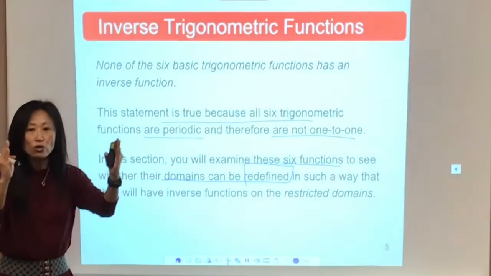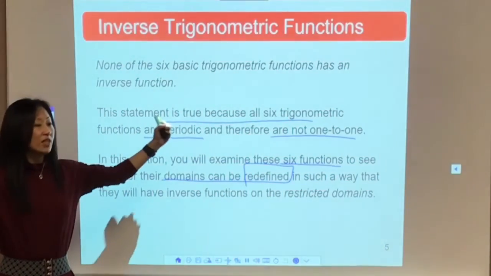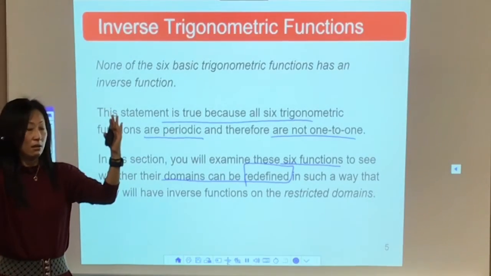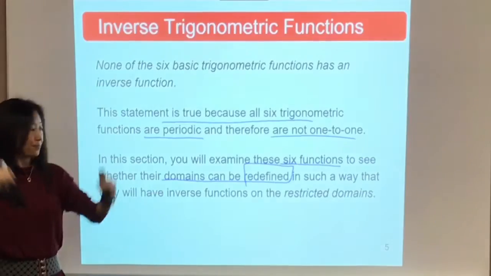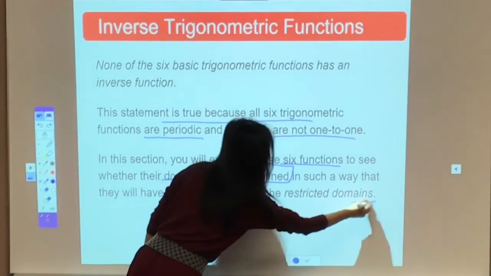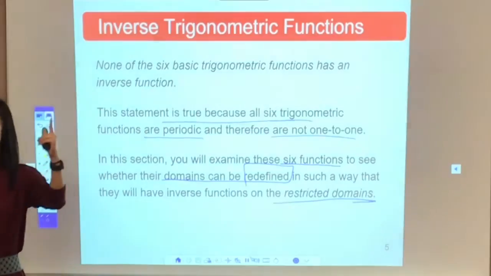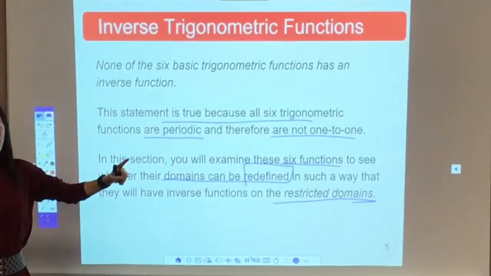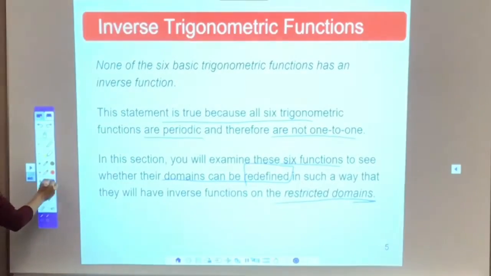We're restricting the domain. I'm not looking at negative infinity to positive infinity, but I'm going to just look at one period, one cycle, that's it. Then we have inverse functions on a restricted domain. So I'm looking at only a small part of the domain, not the entire domain. Are you with me? That is why you have an inverse function.